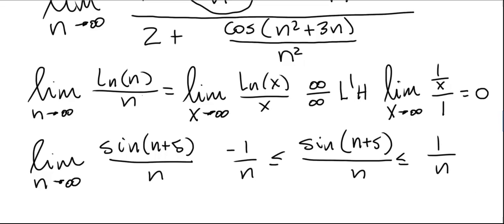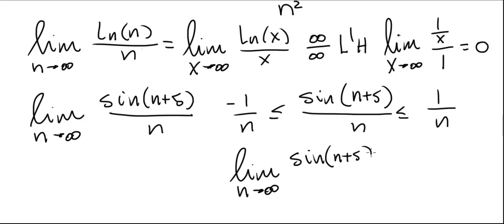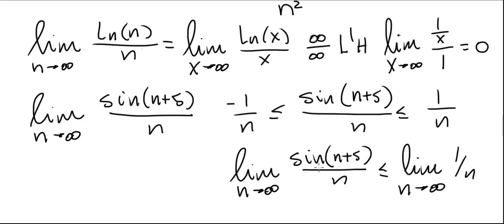So now using the squeeze theorem, the limit of sine of n plus 5 divided by n is less than or equal to the limit of 1 over n and greater than or equal to the limit of minus 1 over n.